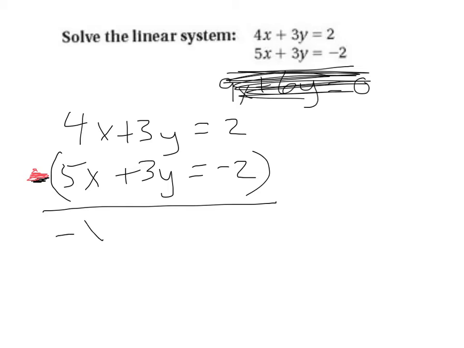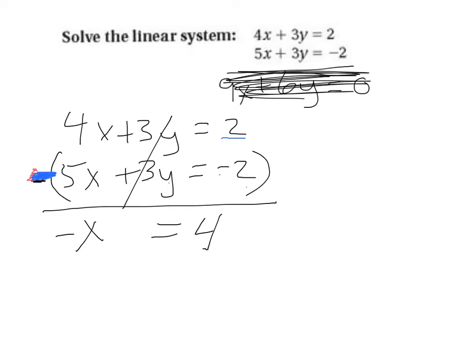That's negative x. And then you have 3y minus this 3y. Yes, that's nothing. Those go away. And then you have, be careful here, 2 minus negative 2. 2 minus negative 2 is 4.